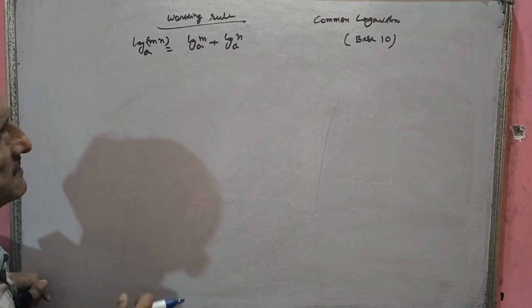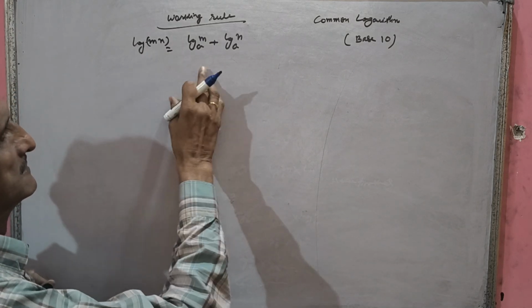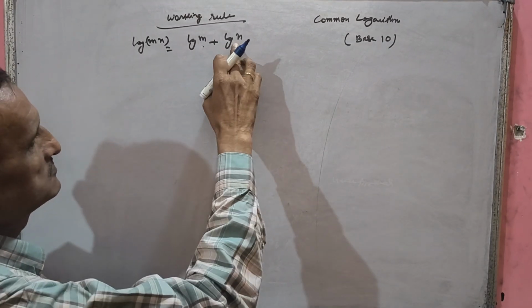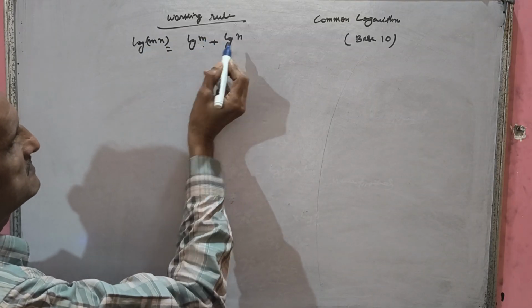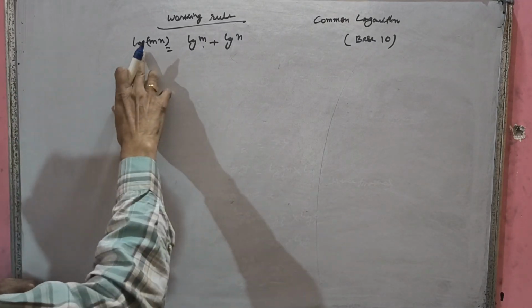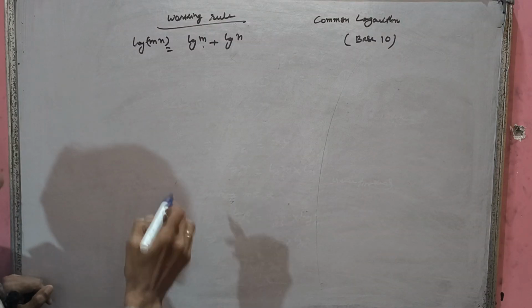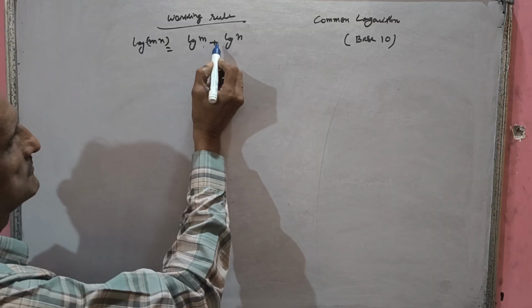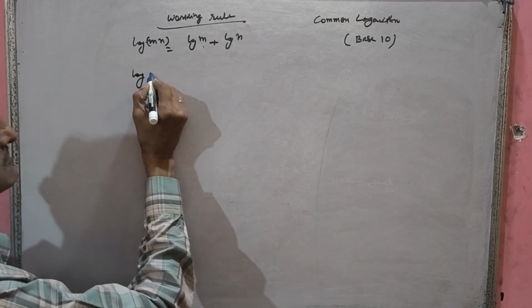But in the property, sometimes for the sake of simplicity, the base is not mentioned here. So this side also the base will not be given. Log mn can be written as log m plus log n. Remember this, the base place is vacant here, no base here, so no base here either. And vice versa also. For into, what will you write? Plus, or for plus, what will you write? Into.